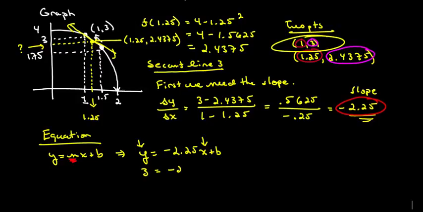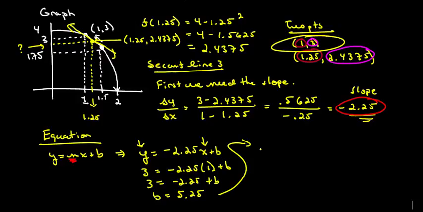So 3 is equal to negative 2.25 times 1 plus b. And if we do the math out here, we're going to get a b value that's equal to 5.25. So that gives us our full equation. The equation of the secant line is y is equal to negative 2.25x plus 5.25.